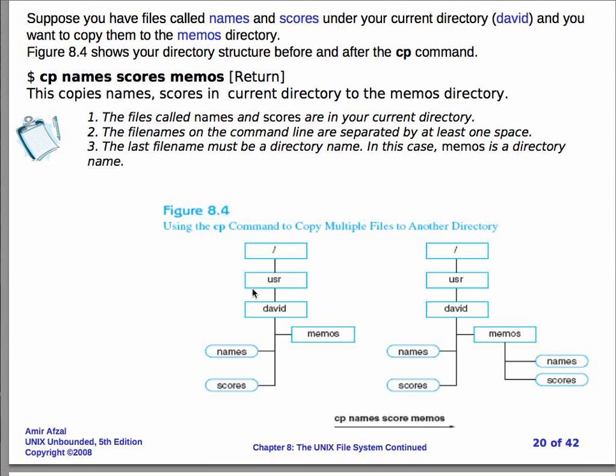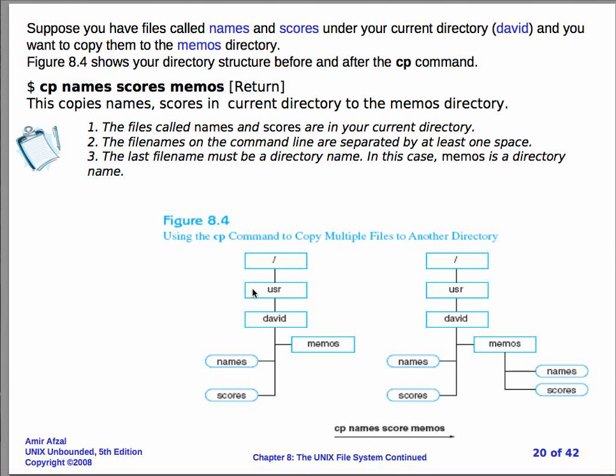You can have multiple sources. Sorry, I misspoke. Suppose you have files called names and scores under your current directory. So let's say you're here and you have two files and you want to copy both of them into a different directory.